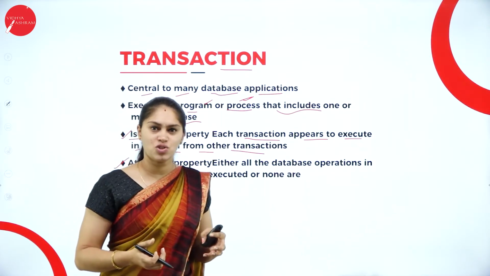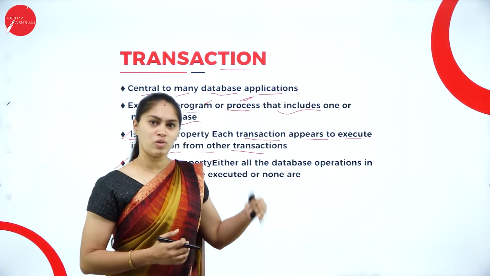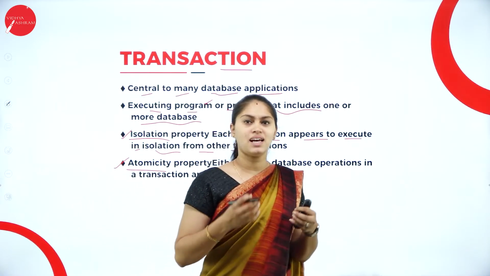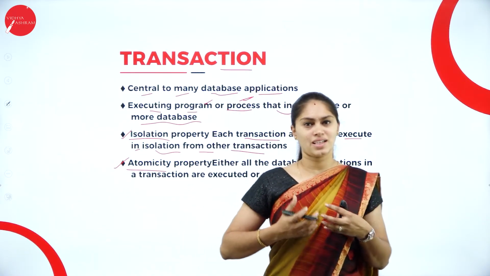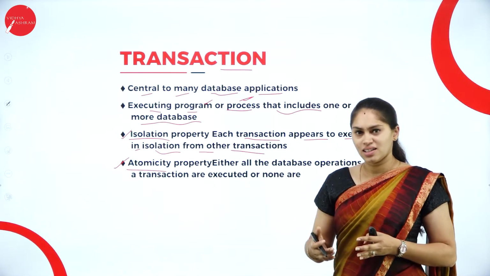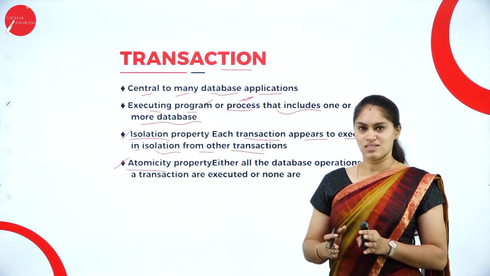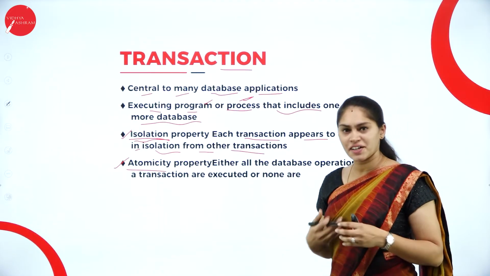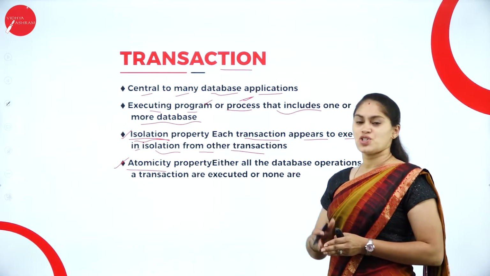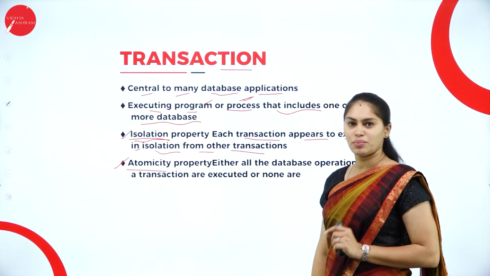If I am sending a message to my friend on WhatsApp, that should not affect the content of another user using WhatsApp. Even if hundreds of transactions take place at a time, one transaction should not affect the content of another. That is what the isolation property is all about.